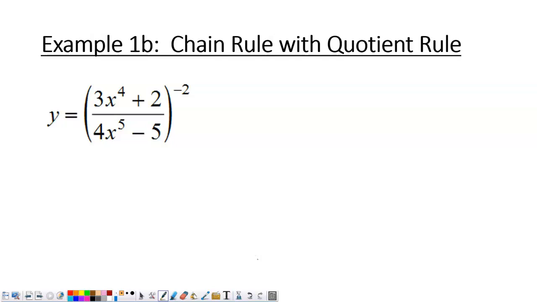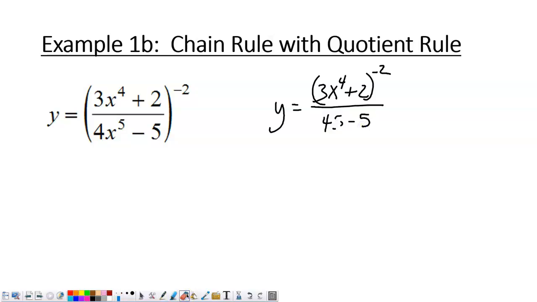Now let's say that I wrote it like this, though, instead. It's going to be a completely different problem. Don't write this, just watch. But let's say that we had this. Same exact problem. It's just that instead of having the whole thing being raised to the -2 power, I'm just letting that -2 be on the top now.